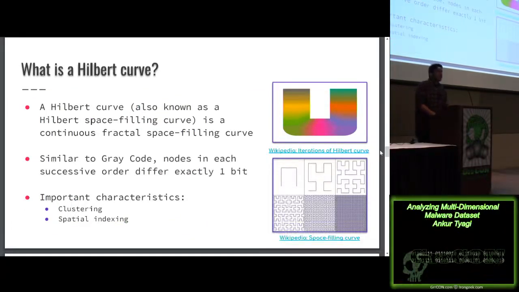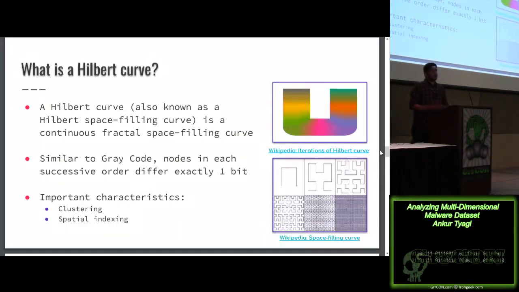The most important thing I would like to highlight in this slide is that Hilbert curves have really excellent spatial indexing and locality preservation. So spatial indexing, what does this mean? You can think of a hash map: you have some input stream, and you map it to an offset within a 2D space.